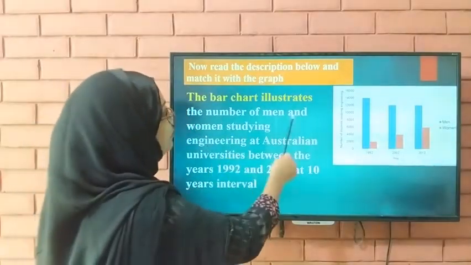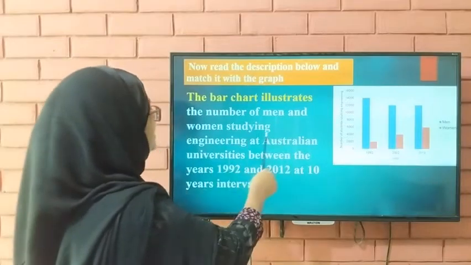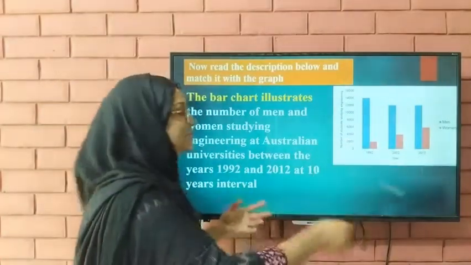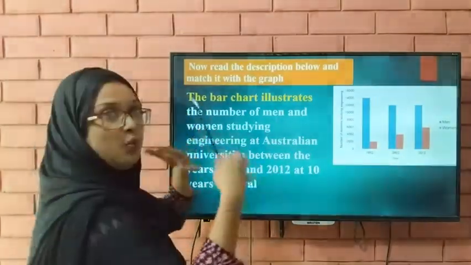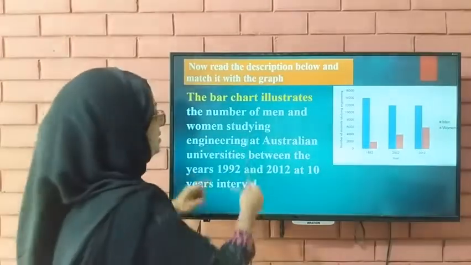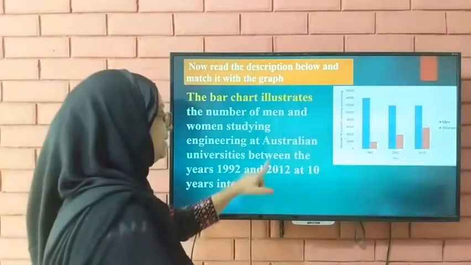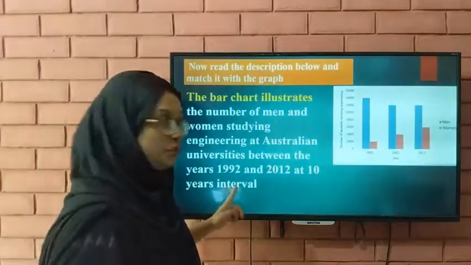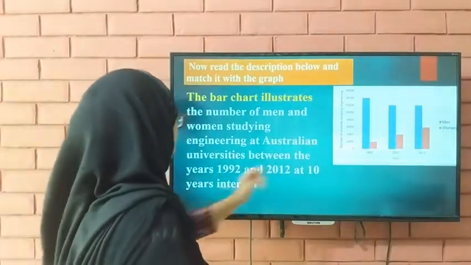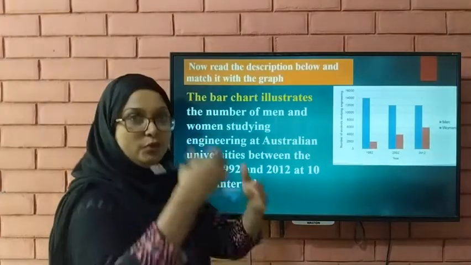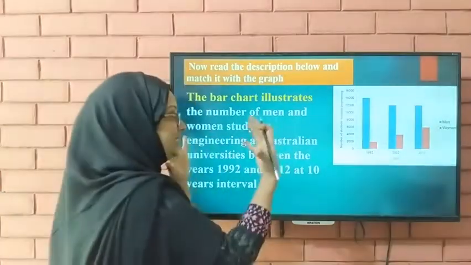The number of men and women studying, what does it illustrate? The number of men and women. What type of men and women? Studying engineering at Australian universities. What is the date? Between the years 1992 and 2012 at 10 years interval. With an interval of 10 years, what is the data?